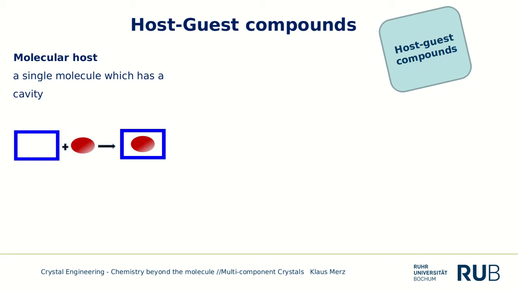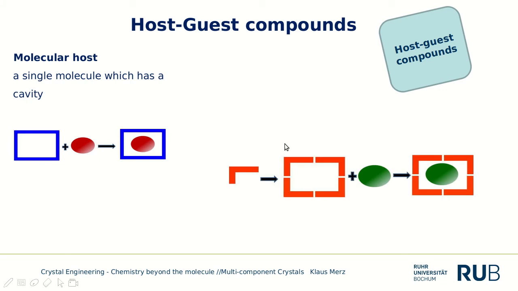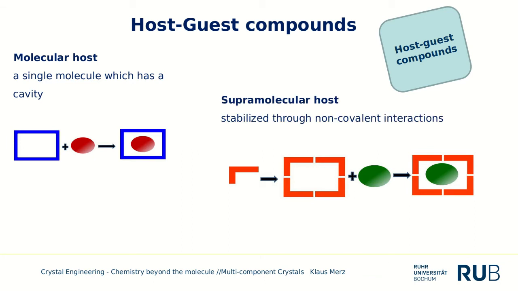It is also possible in the case of supermolecules. In this case, this is one unit, and you see the intermolecular interaction between units forming this host. You can use this host, stabilized by intermolecular interactions, to incorporate gas, stabilized through non-covalent interaction.